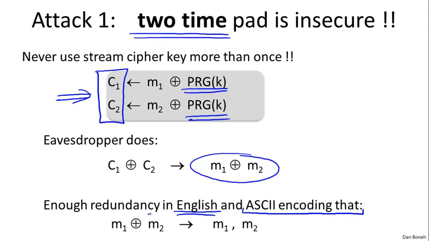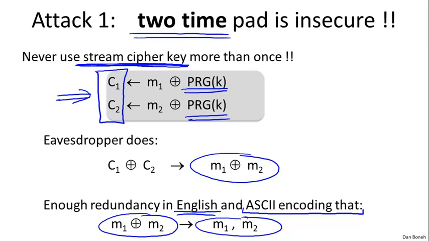So the thing to remember is if you ever use the same pad to encrypt multiple messages, an attacker who intercepts the resulting ciphertexts can recover the original plaintexts without too much work. The stream cipher key or the one-time pad key should never, ever, ever, ever be used more than once.